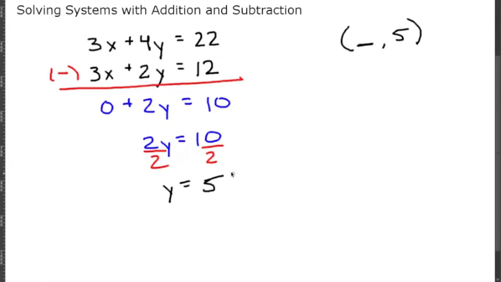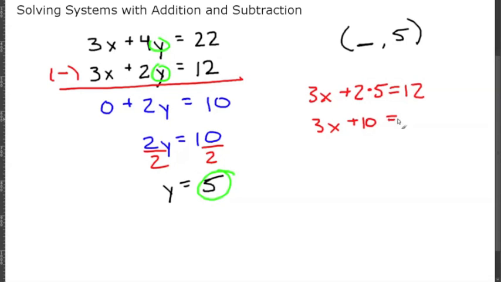That being said, we're going to take this 5 and we can either plug it in for this y here or this y here. Let's plug it in to the second y. We're going to have 3x plus 2 times 5 equals 12. That's going to be 3x plus 10 equals 12.